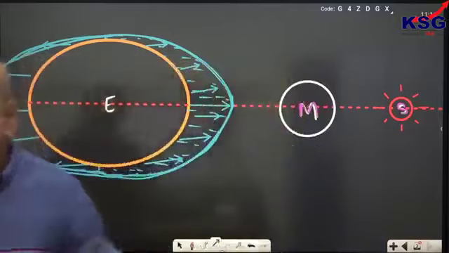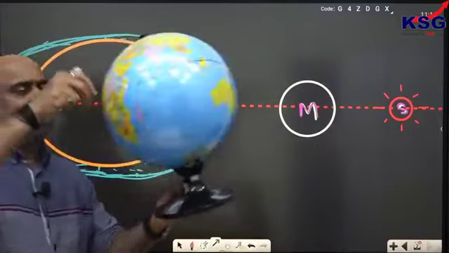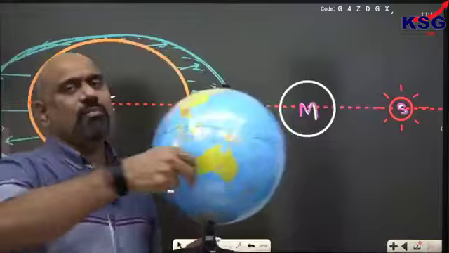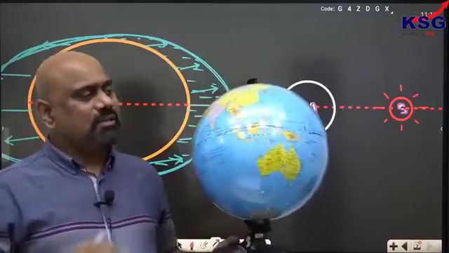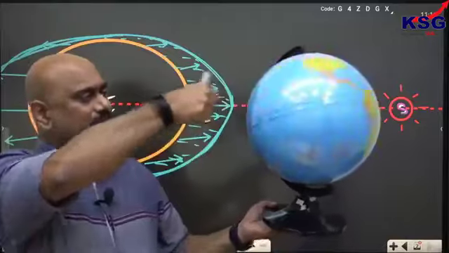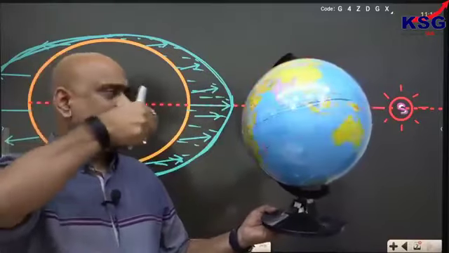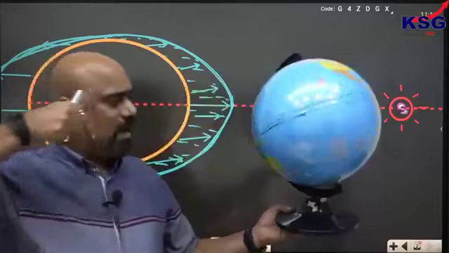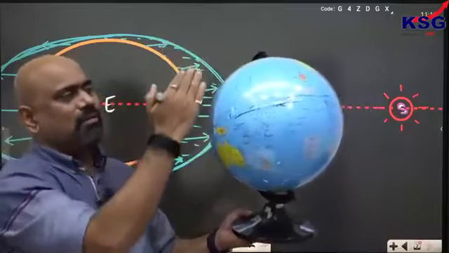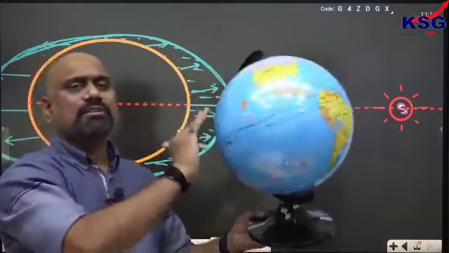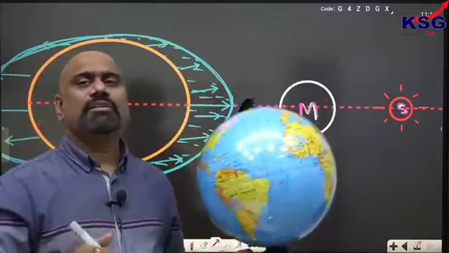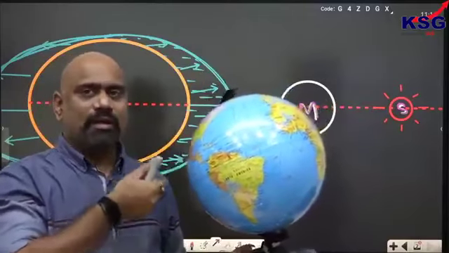So if you have bulging in this particular part, the opposite side also will have the same bulge. And because the earth is moving west to east, you have dragging of water, so the water level will increase here and move in this way. That's the cause; you have continuous bulging here and the water gets displaced.